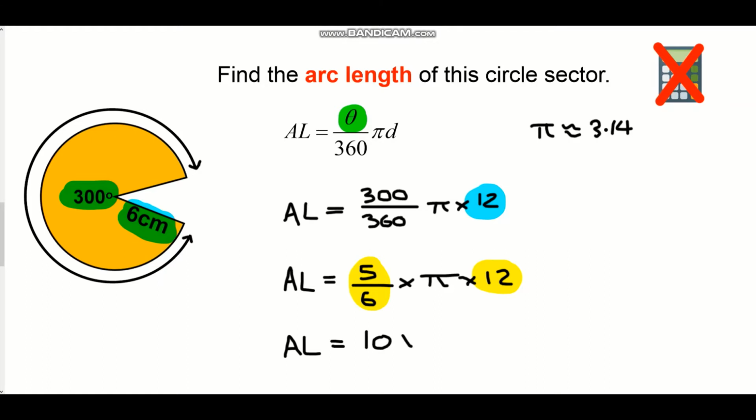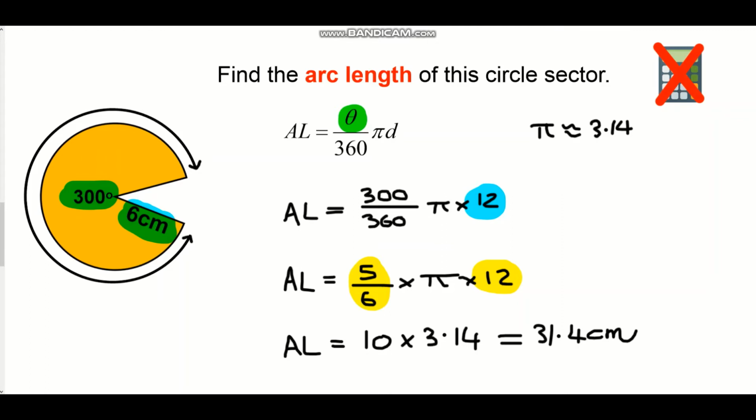I'm going to change that pi to 3.14 because I've been asked to use 3.14 instead of pi. And actually, 10 times 3.14, dead easy. That's 31.4. All I have to do is move those numbers over the decimal point one place to the right. And my units, centimeters. Okay, and it's as easy as that.